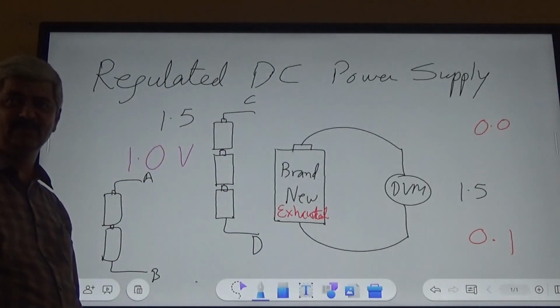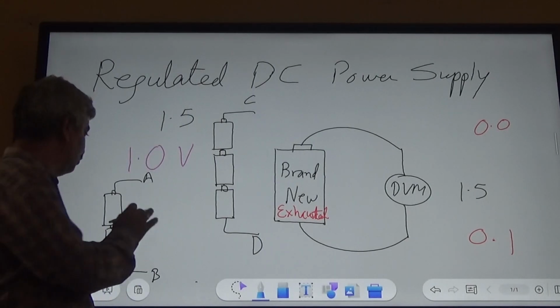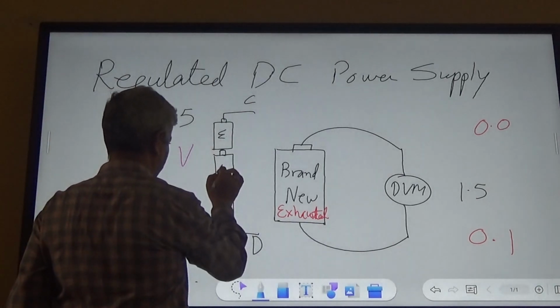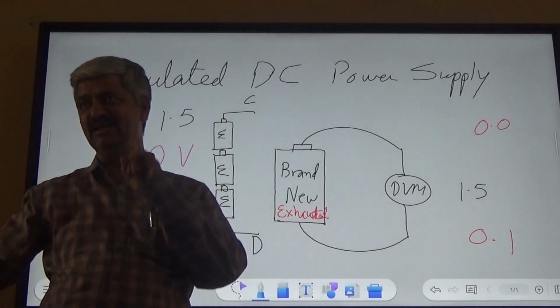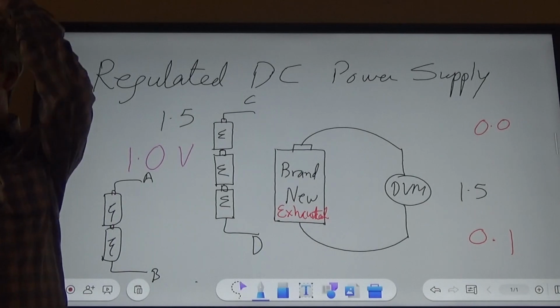If you connect a voltmeter between A and B, it will read 3 volts. If you connect a voltmeter between C and D, it will still read 3 volts.